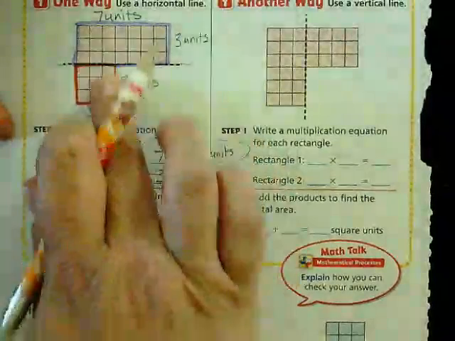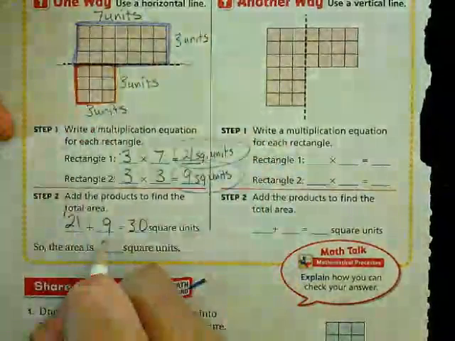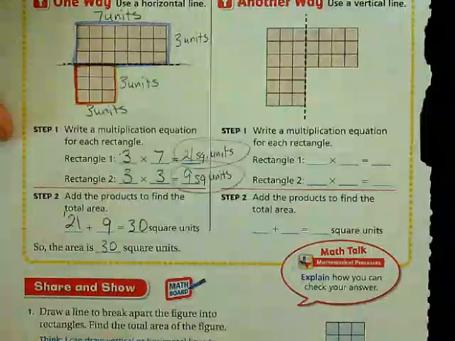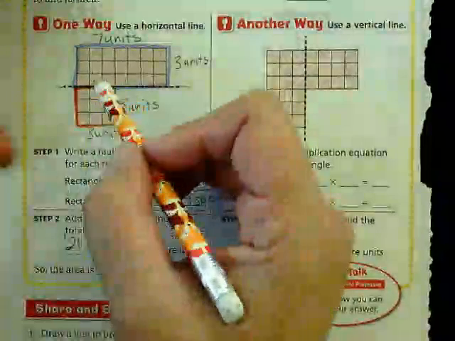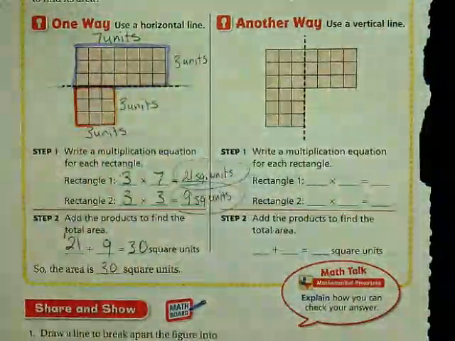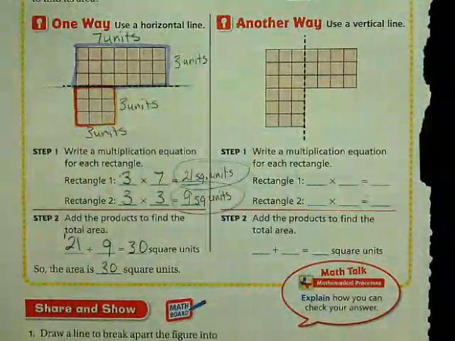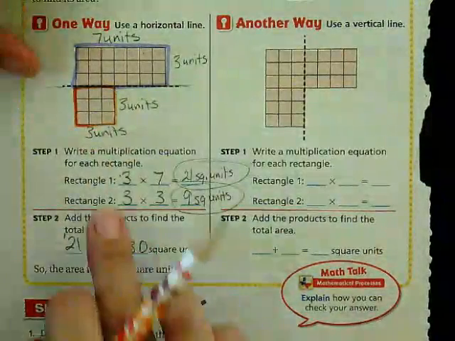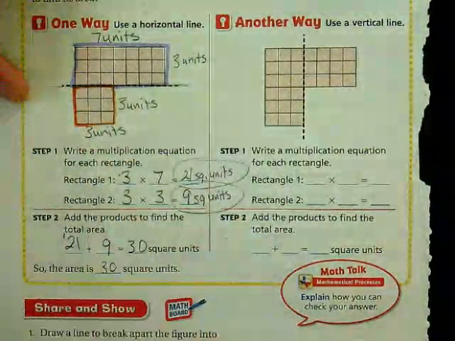So the area of this figure is 30 square units. The other thing you can do is to count the number of squares that you have in this unit. It takes longer, especially since we know our multiplication tables, so it's better if we just multiply and then add.